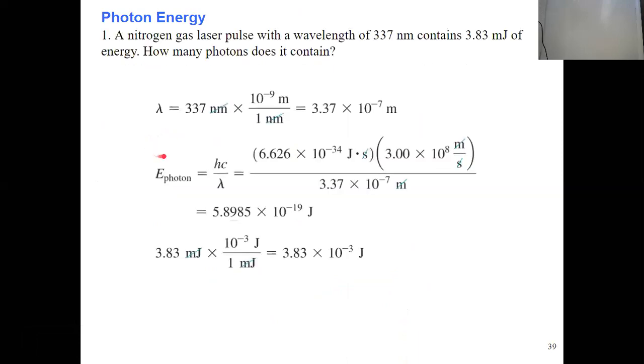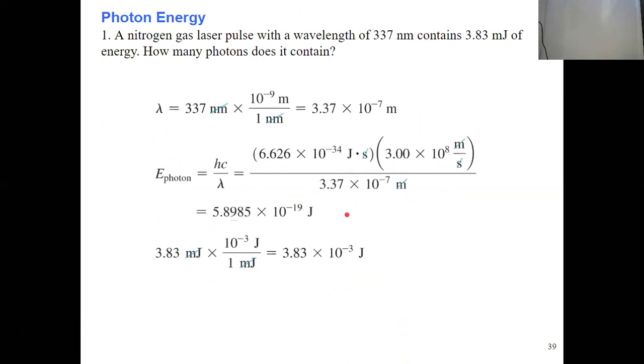So now I can find the energy of one photon at this wavelength. I'm going to plug Planck's constant in, multiply it by the speed of light, and divide it by my wavelength in meters. And it turns out that one photon of light is associated with 5.8985 times 10 to the negative 19 joules.